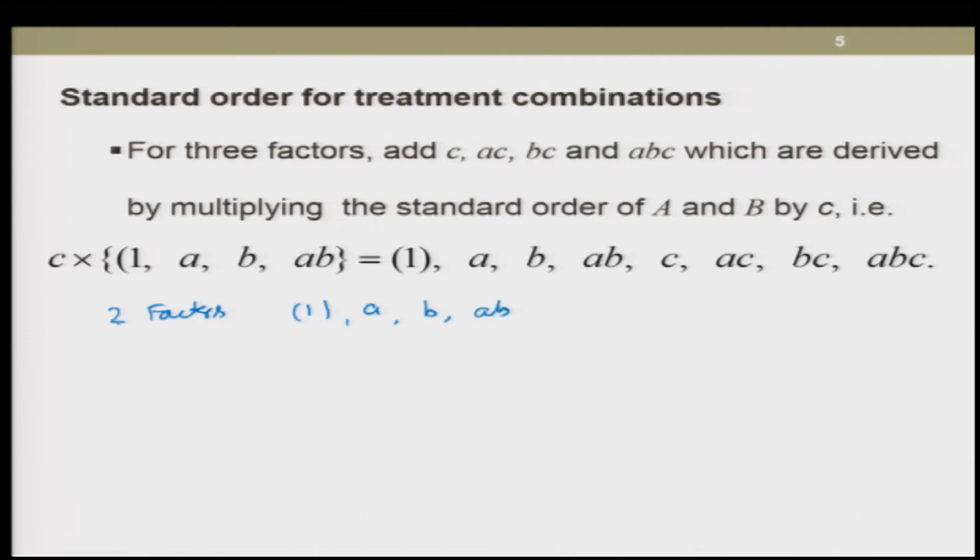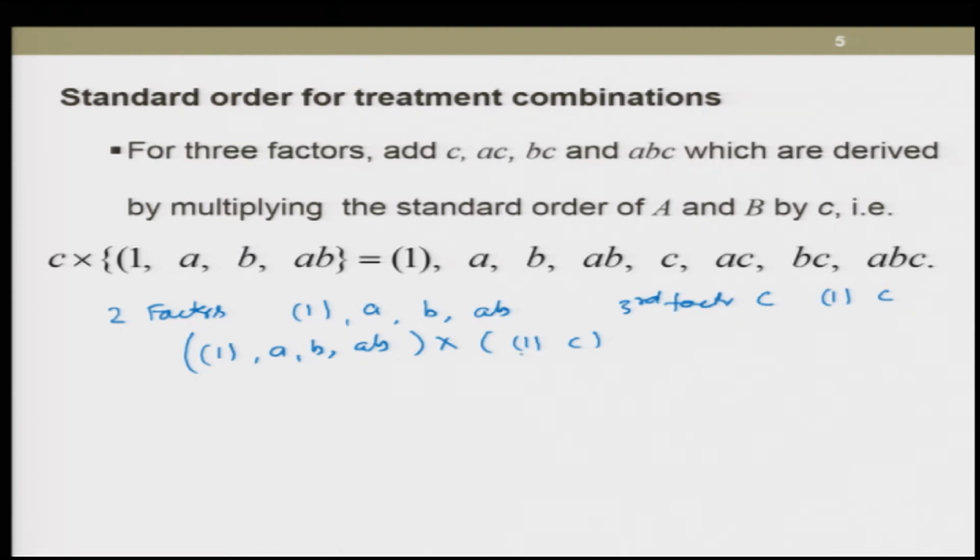My third factor is c, and the standard order of c is 1 and c. Now, I have to write down the standard order for the two factors and multiply it by the standard order of the third factor c.